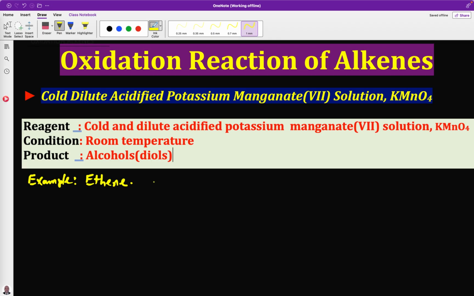The color changes from purple to colorless due to the fact that ethane 1,2-diol is formed. When a reaction occurs, the color will definitely change. There will be decolorization of the purple color to colorless as a result of the formation of ethane 1,2-diol.